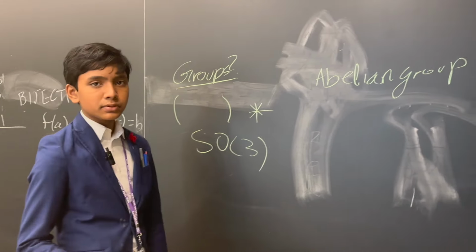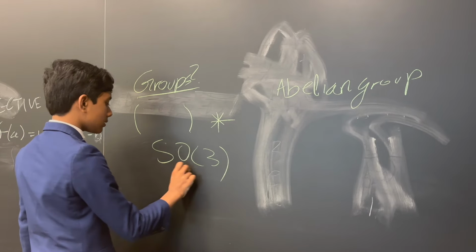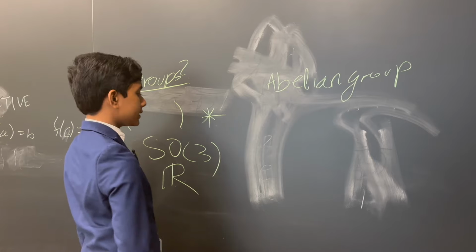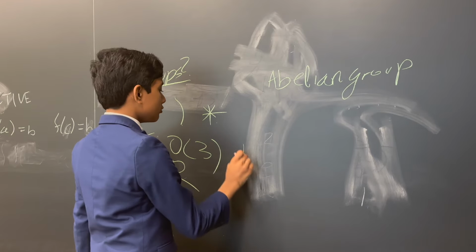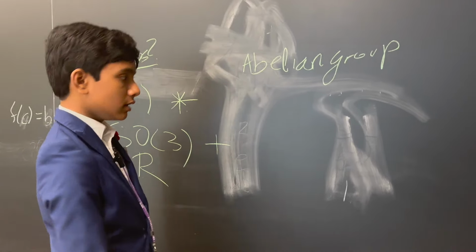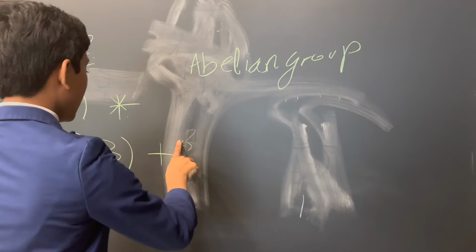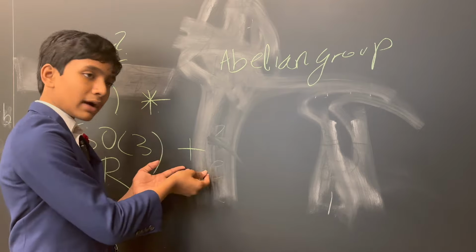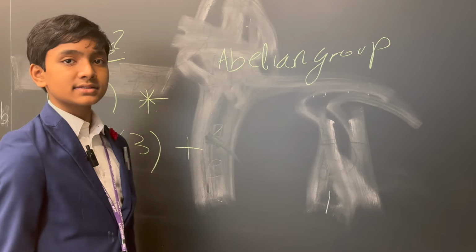Or we could go simpler. We could have R. And an operation we could have over here is we can add 2 rotations, we can also subtract them. And the key thing about this is that it also has to have an inverse to this.